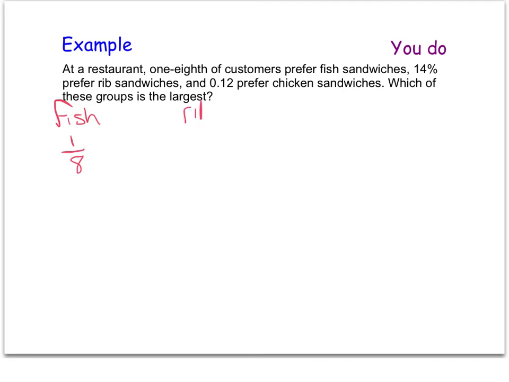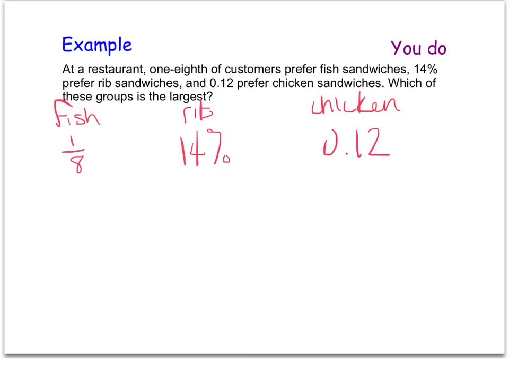We've got rib sandwiches at 14%, and chicken at 0.12. So we could either do as a decimal, as a fraction, or as a percent.